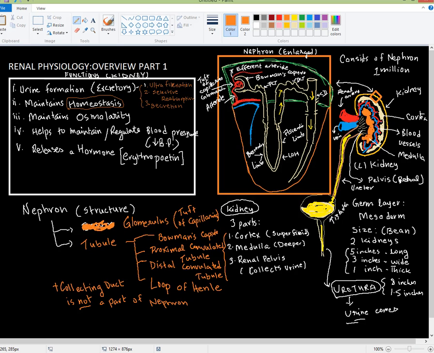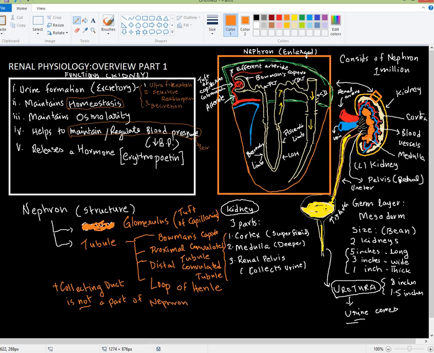Okay, and then like I mentioned, it also maintains and regulates blood pressure, especially when there is low blood pressure. Say there is an accident and a huge loss of blood in any hemorrhagic condition. The body loses a lot of blood, and to help the body regain normal blood pressure, it stimulates some functions of the body by secreting an enzyme called renin.